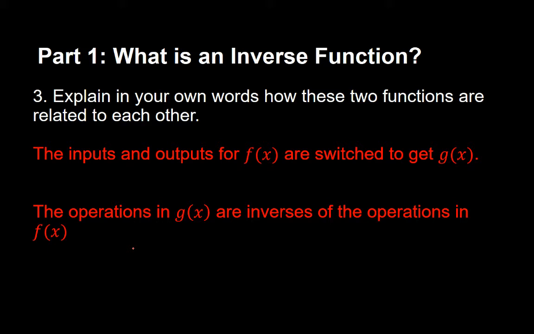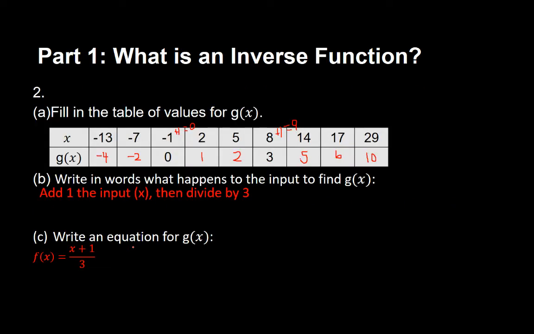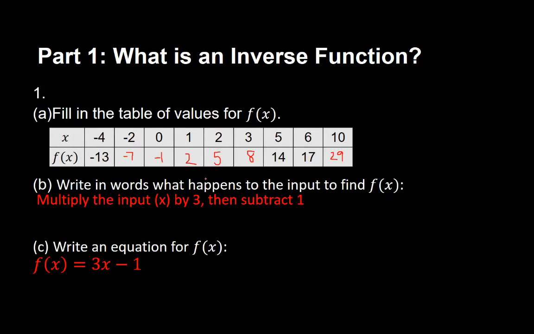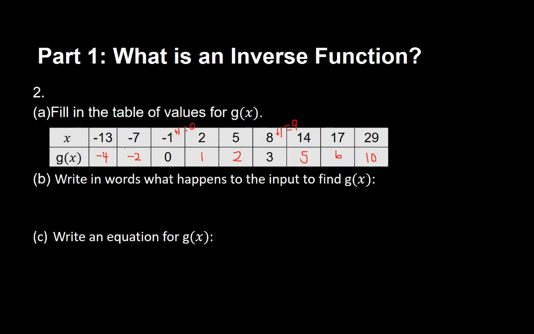Okay, so this one was asking, this is on the handout, explain in your own words how these two functions are related to each other. So if we go back to these tables, these numbers when we were filling them in looked really familiar. That's because the inputs for the first table for f of x, negative 4, negative 2, and so on, were the outputs for g of x.